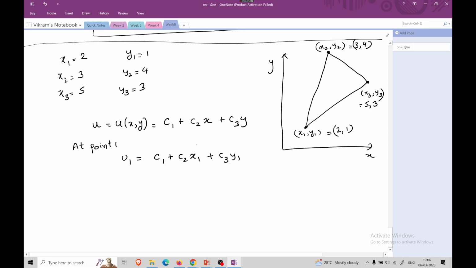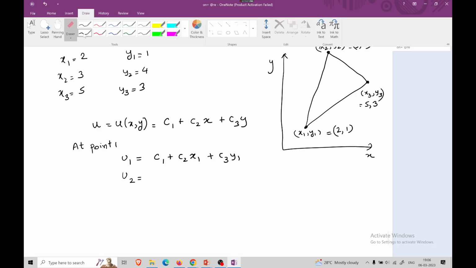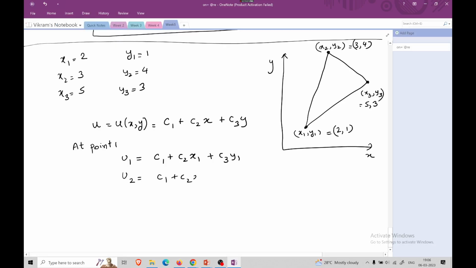Let us solve for x1 y1 in general, and then we will substitute later. Again, u2 is going to be c1 plus c2 x2 plus c3 y2. u3 is going to be c1 plus c2 x3 plus c3 y3. So this is point 1, this is point 2, this is point 3.